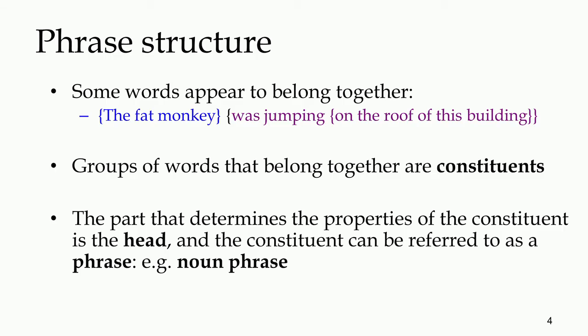So, we see groups of words that belong together are constituents of a phrase, and we need to look at them in terms of their identity. Remember, a little earlier we talked about their identity, that the significant part of a phrase is its head, and phrases are identified by their heads.